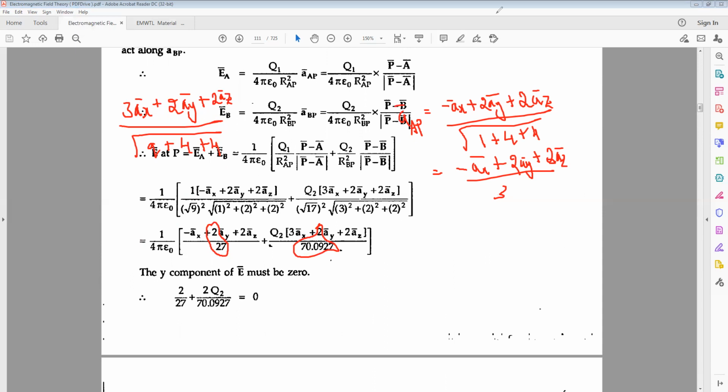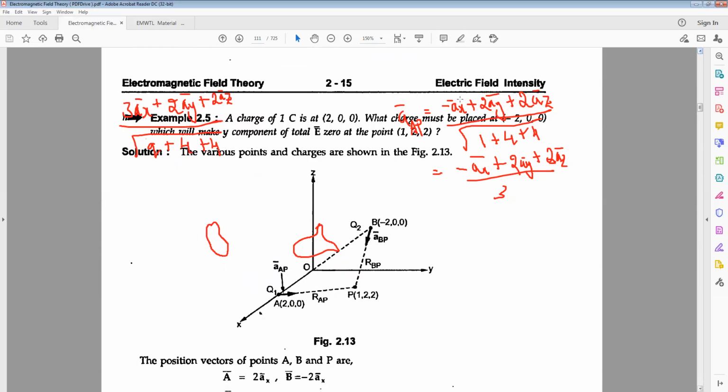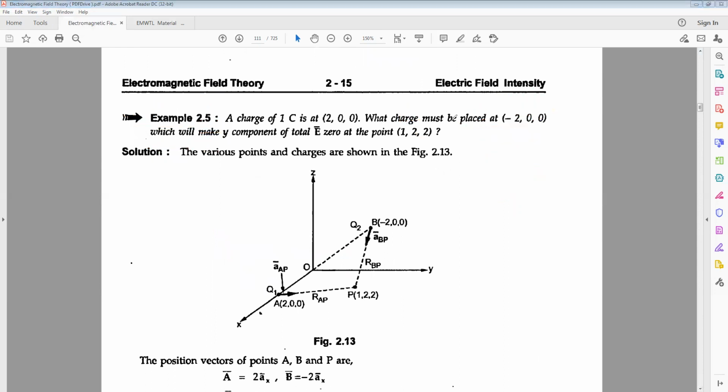They're asking what is the charge located at (-2,0,0)? What charge must be placed at (-2,0,0) which will make the Y component of total E bar 0 at the point (1,2,2)? They are asking for the charge at (-2,0,0). Got it, my students?